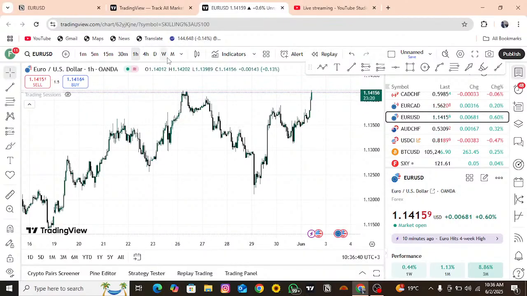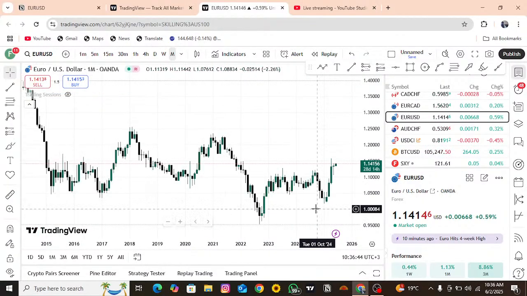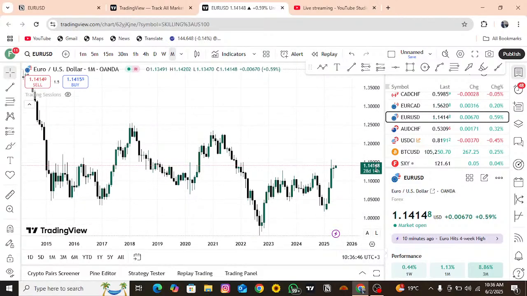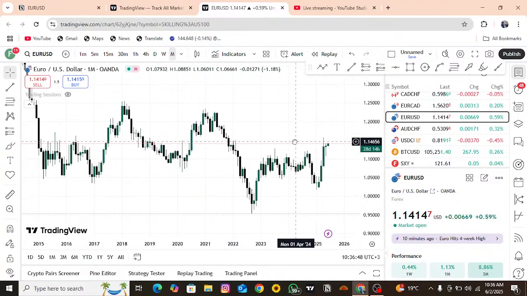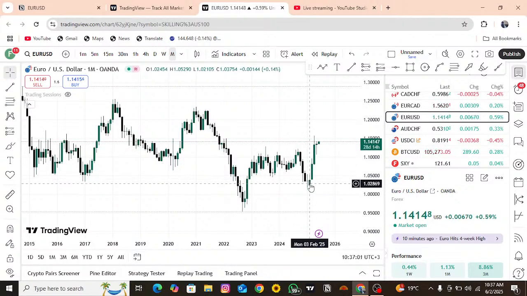So I'd come to monthly. Of course, we're starting a new month. So clearly you can see in the monthly time frame, I just want to get a picture and see if there's anything we are able to spot. From the monthly time frame, I can see we've been very bullish since February.